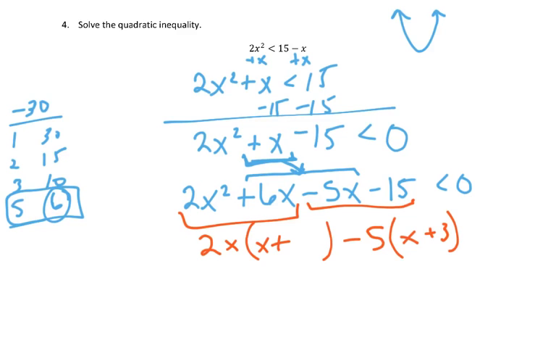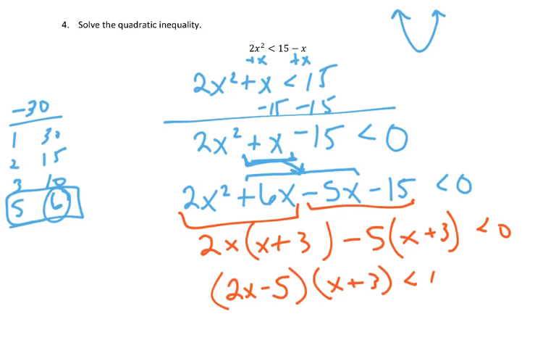And we end up with an x plus 3 that we can now factor out. So we get 2x minus 5 times x plus 3 is less than 0.